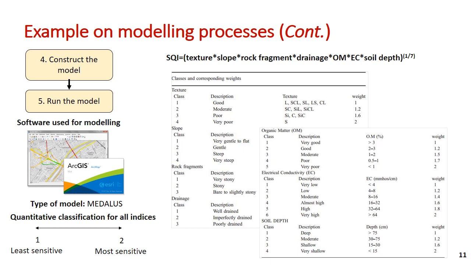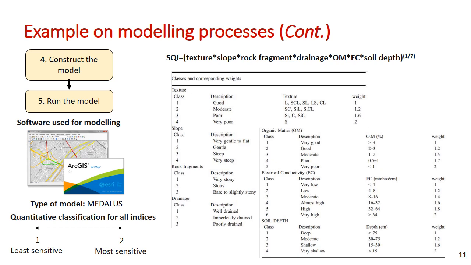For example, going back to the soil quality index, they looked at the texture, the slope, the rock fragment, drainage, organic matter, electrical conductivity, and soil depth. And they have an equation for that one. Then they have all this information and they classify it, they give it a weight, and the weight depends on the quantitative classification.